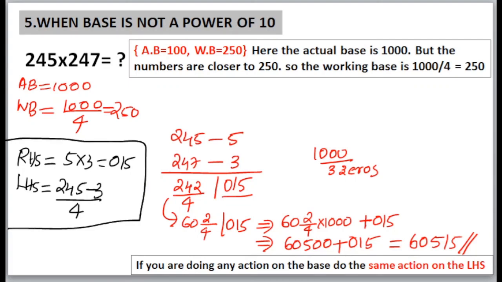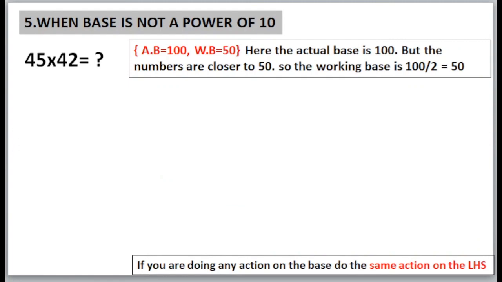Next is 45 into 42. Both are nearer to 50. So our actual base is 100 and working base is 100 by 2, which is equal to 50.